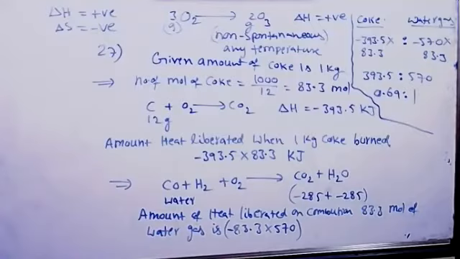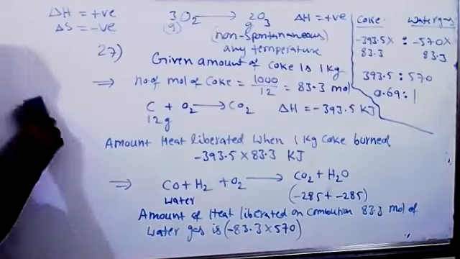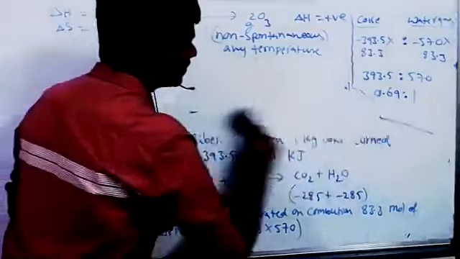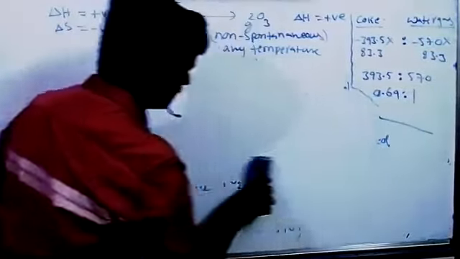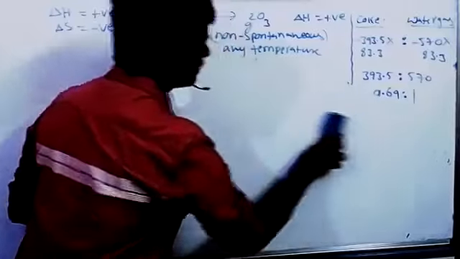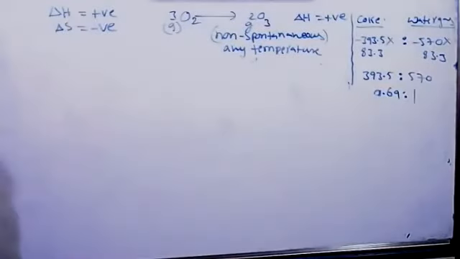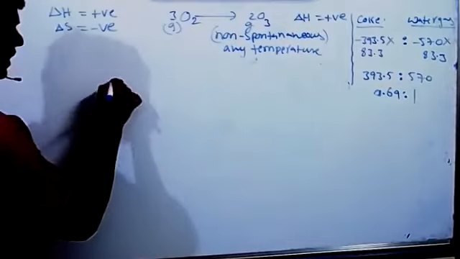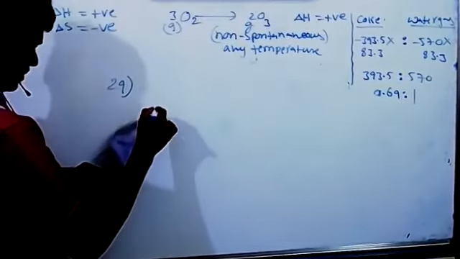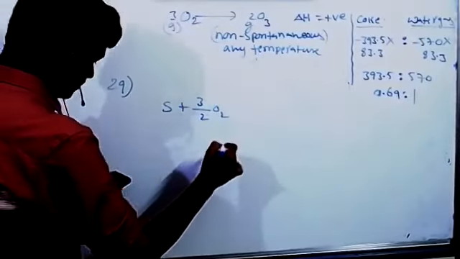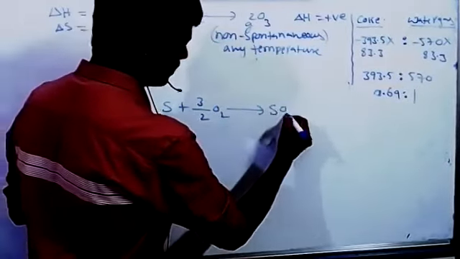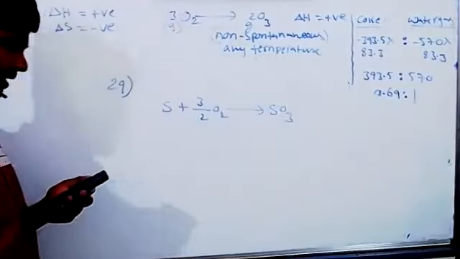Next, 29. In the reaction, S plus 3 by 2 O2 gives rise SO3 plus 2x kilojoule.